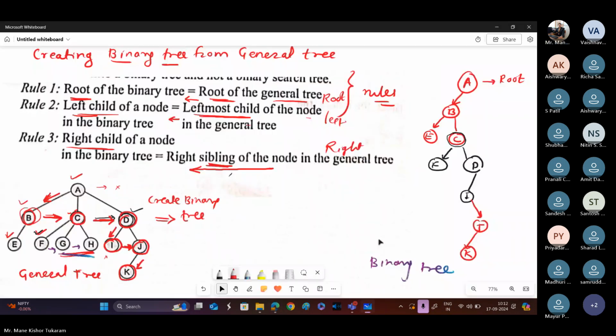Okay. And here we have to process the unprocessed nodes. So it is at the right of G and it is also at the right of H. So this is the particular binary equivalent related to the whole. So this is how we can convert in this particular fashion.